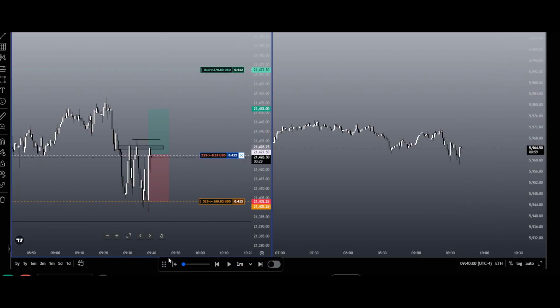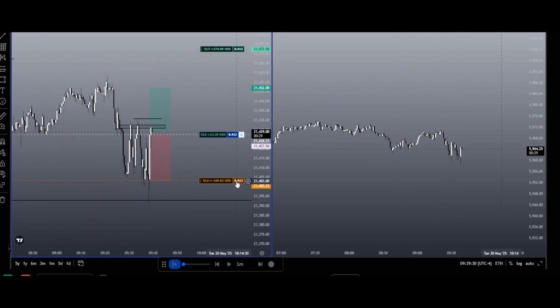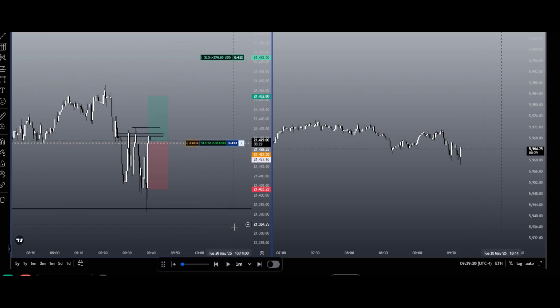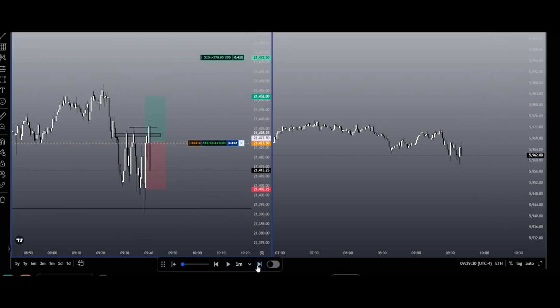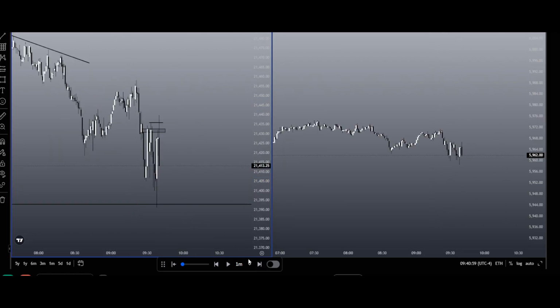So break even trade, because we hit the break even and wick back down. Break even, cool. Yeah, I felt like that would happen.